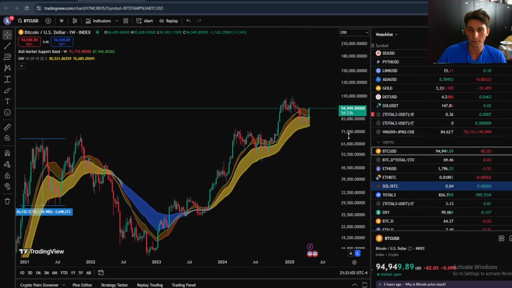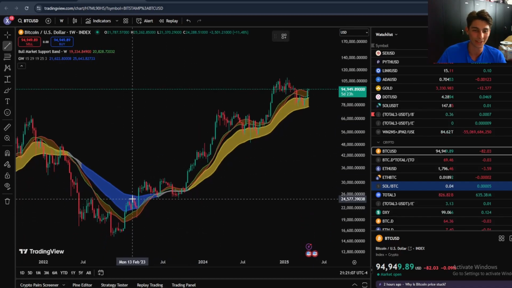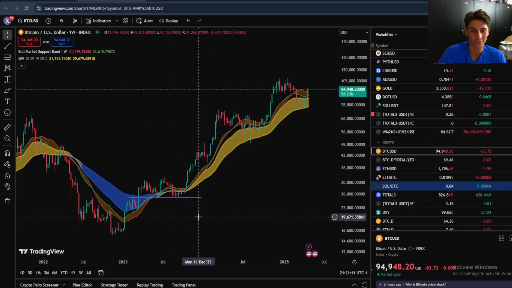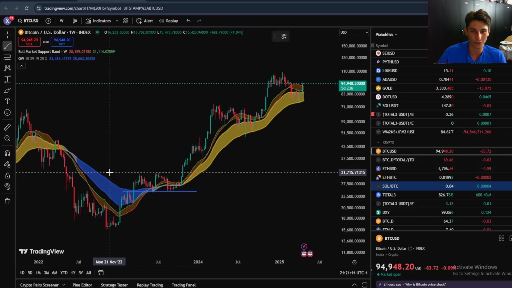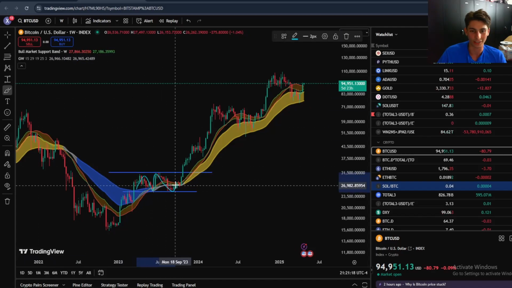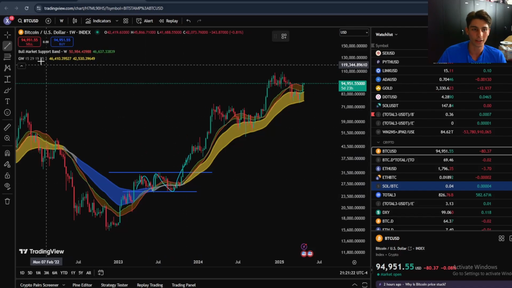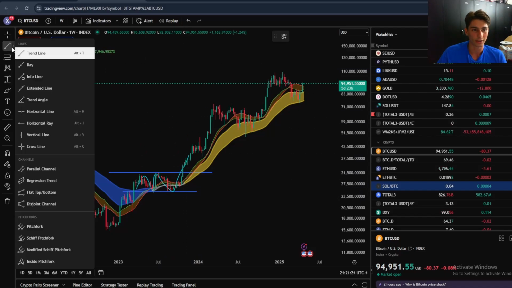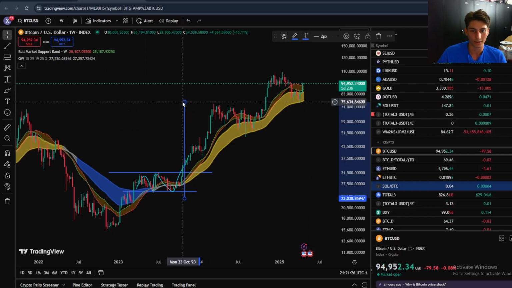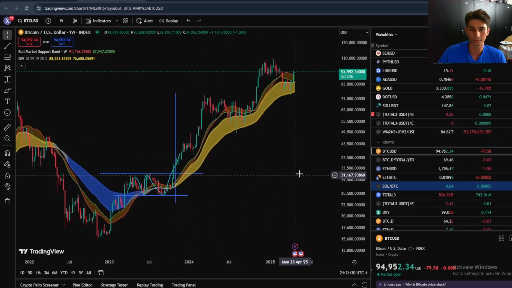So I think Bitcoin has really been doing the same thing it's been doing this entire cycle, which is it forms these bottoms and these tops, and it goes into a range, and you can see that it goes up and down and up and down until we finally break out. And that's exactly when we saw the gold wave turn into a positive trend.